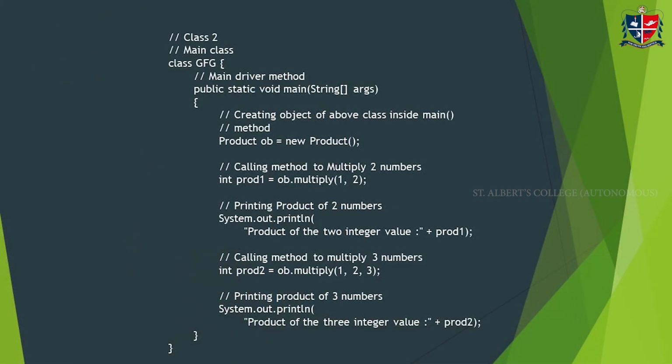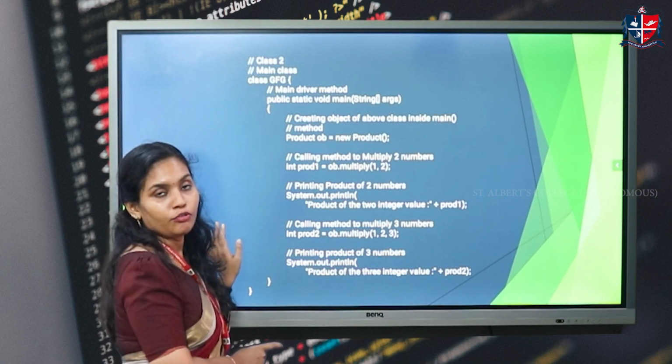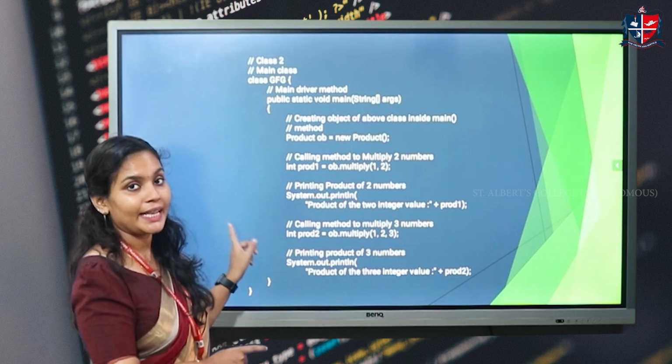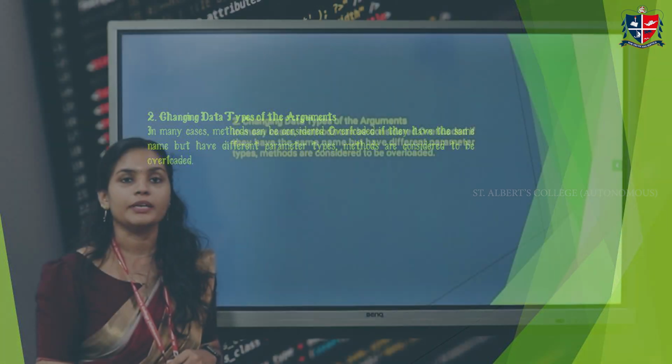And this is also another example, and in this case the main class is GFG. In this main class, we can create the object for Product, ob, and by using ob we can access the functions. So this is the example for method overloading by changing the number of parameters.